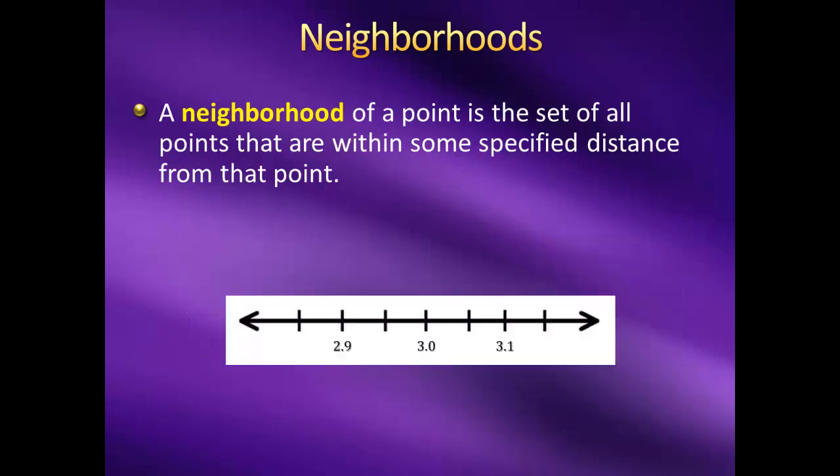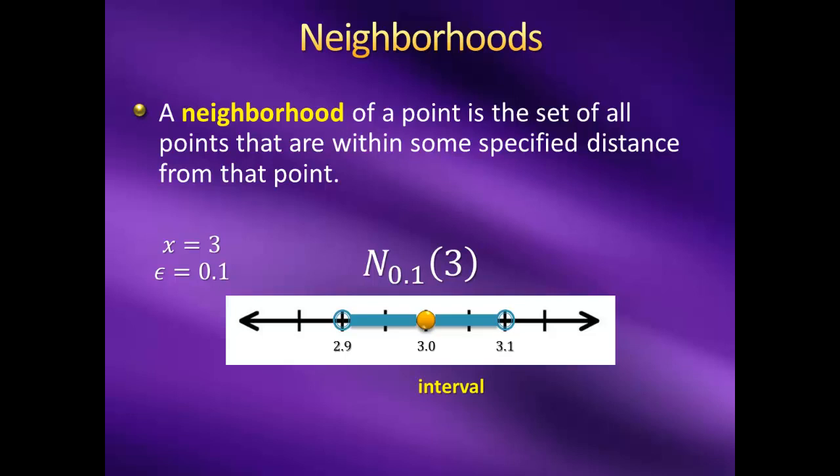So in the real numbers, what would a neighborhood look like? Suppose we let x equal 3 and epsilon equal 0.1. Then the epsilon neighborhood of x will include all the real numbers that are strictly between 2.9 and 3.1. Now, in the real line, this is what we call an interval. An interval is a set of all numbers between two endpoints.